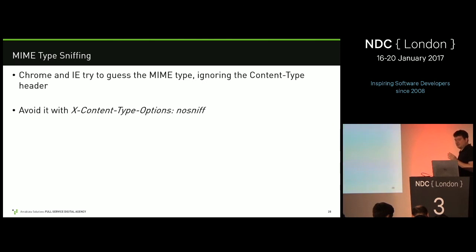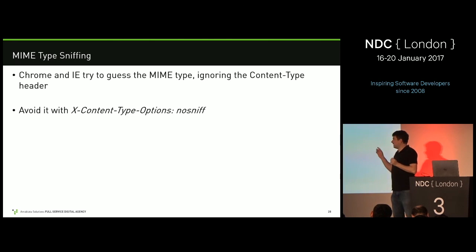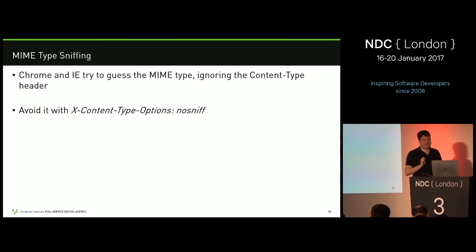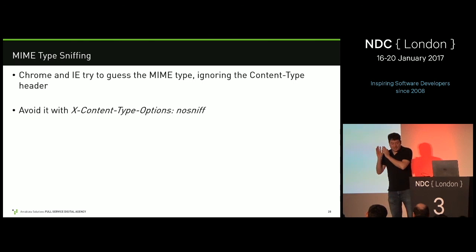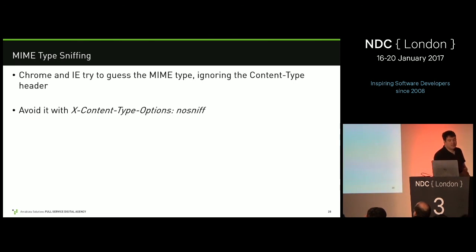This can be avoided with the X-Content-Type-Options header. Not very well known, it only has one value, nosniff, right? So browser, do not try to sniff the content, trust the Content-Type setting. Of course, the prerequisite here is that you do have a Content-Type setting.